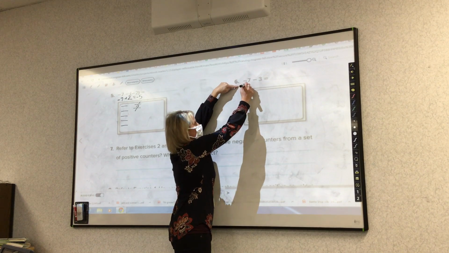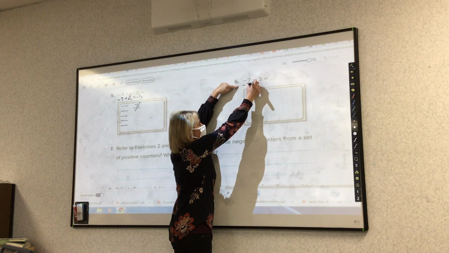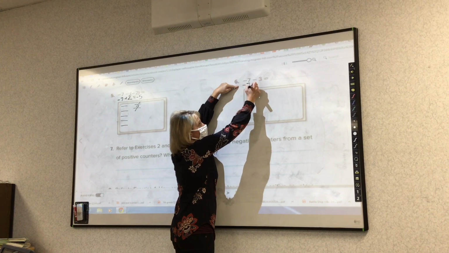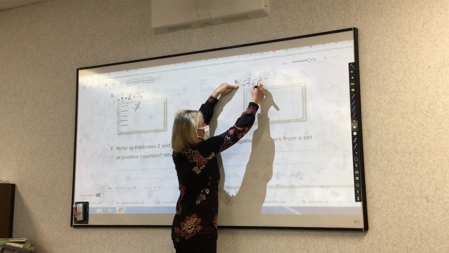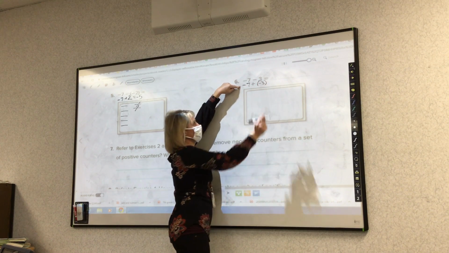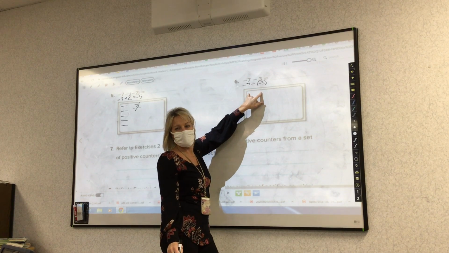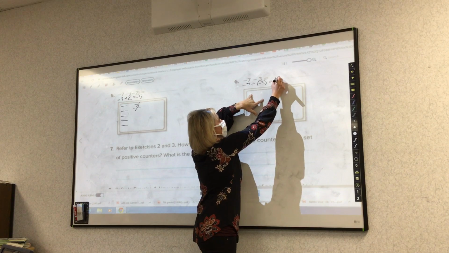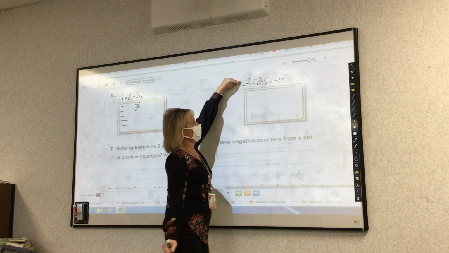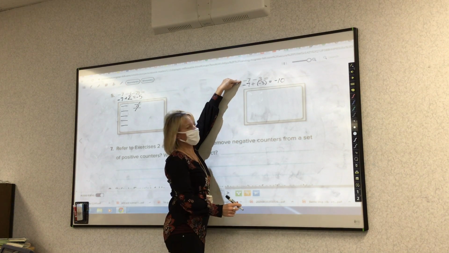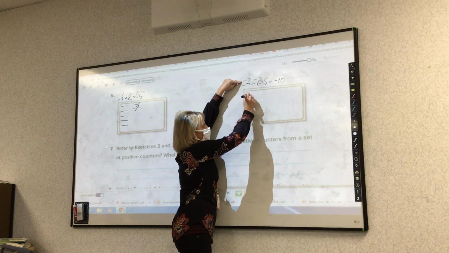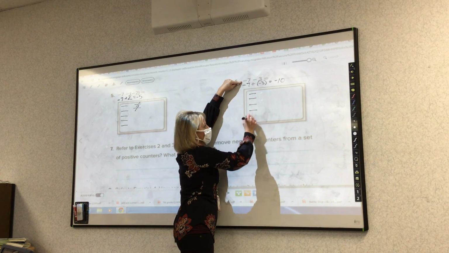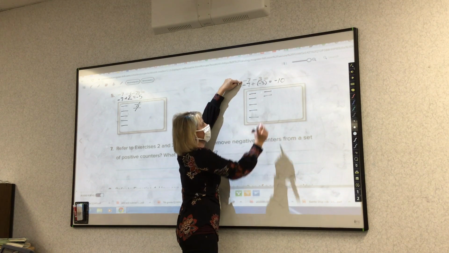Keep the negative 7. Change the subtraction to addition. Change the positive 3 to negative 3. They're both negative, so we add them. And what's 7 plus 3? 10. Negative 10. Let's do the problem. I've got a negative 7, so 1, 2, 3, 4, 5, 6, 7.